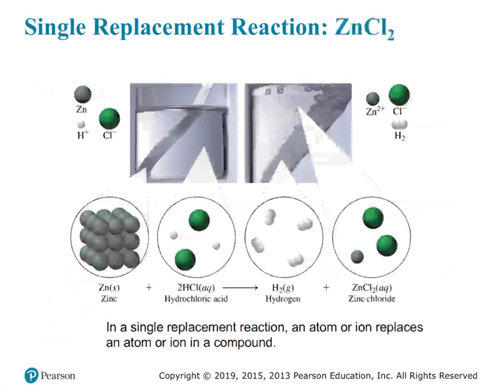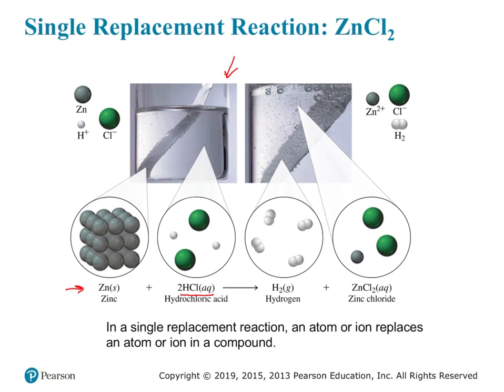So let's look at that in a little more detail. Up above, we have a beaker filled with hydrochloric acid, and that has been diluted, so it would actually be called aqueous. So in our reaction equation, we would write HCl aqueous because it's been diluted in water.